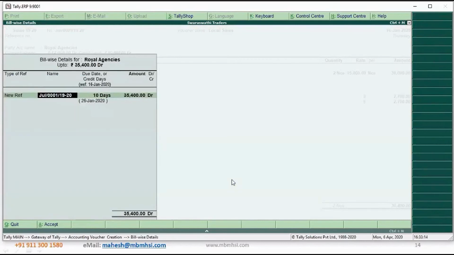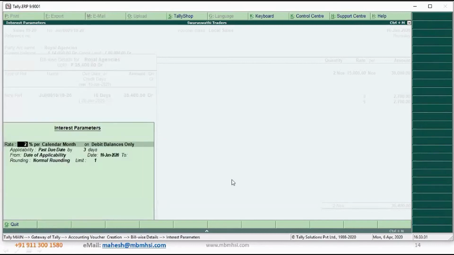Now once I specify a new reference, it says it's already been used, no problem. Let me not use that. Let me say 10, 35,400. Now the new screen has opened because we are allowing them to do the parameterization.